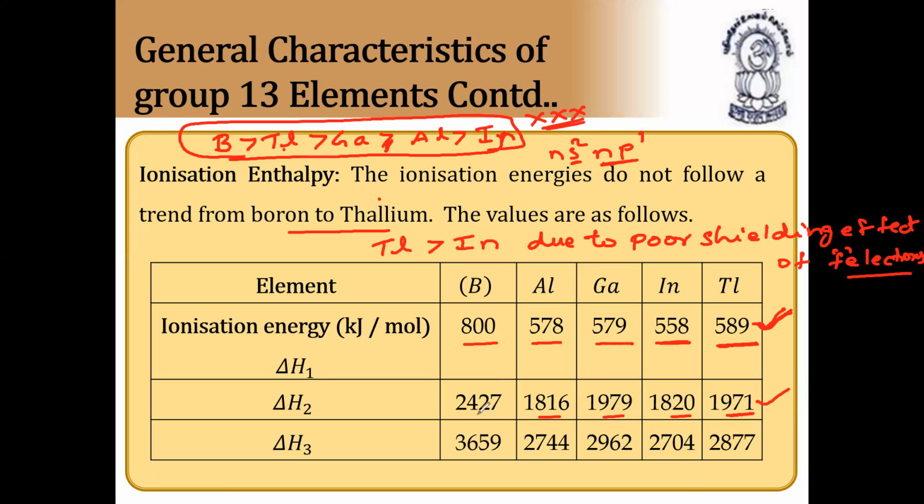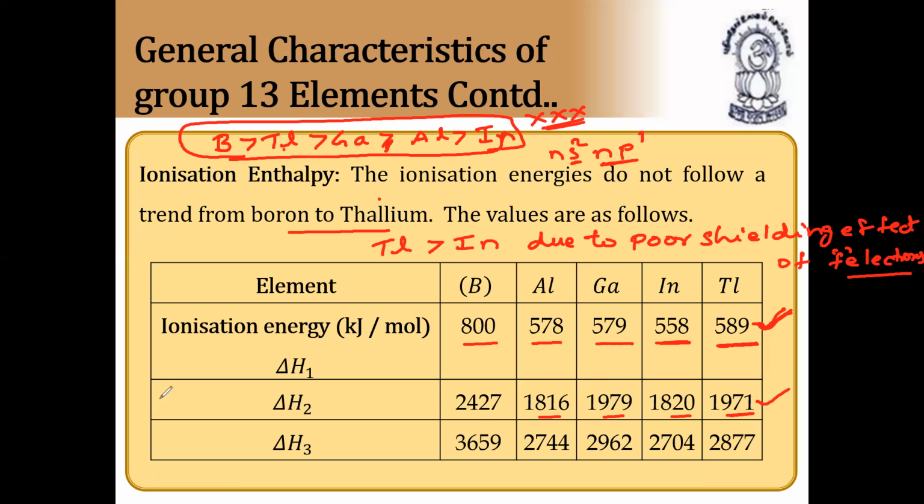The order for the second ionization energy is: first boron, second gallium, next thallium, next indium, and last aluminium.